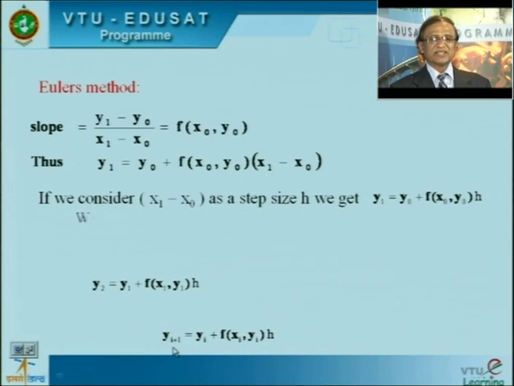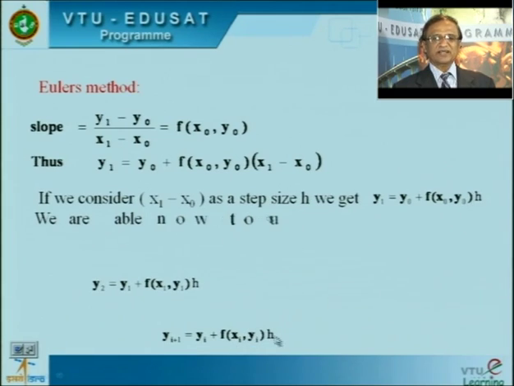Here, i can be replaced by some values. For example, now I will replace i by 0. What can I obtain? If I replace i by 0, then y suffix 0 plus 1 means y1, which is equal to y naught plus f of x naught, y naught into h.